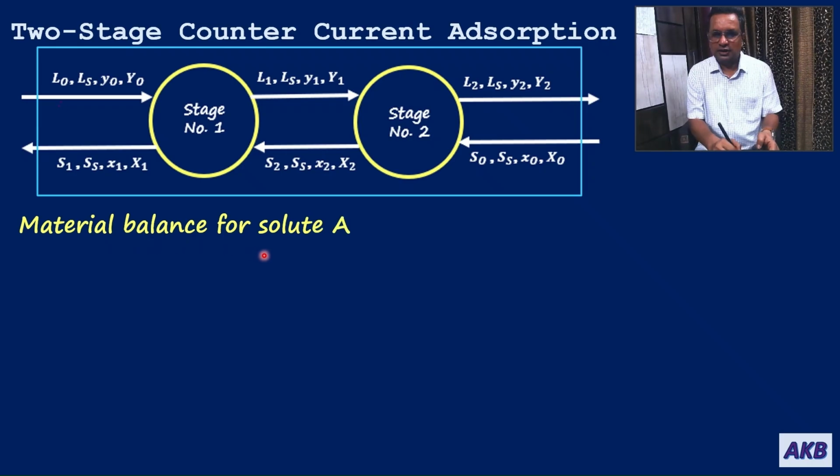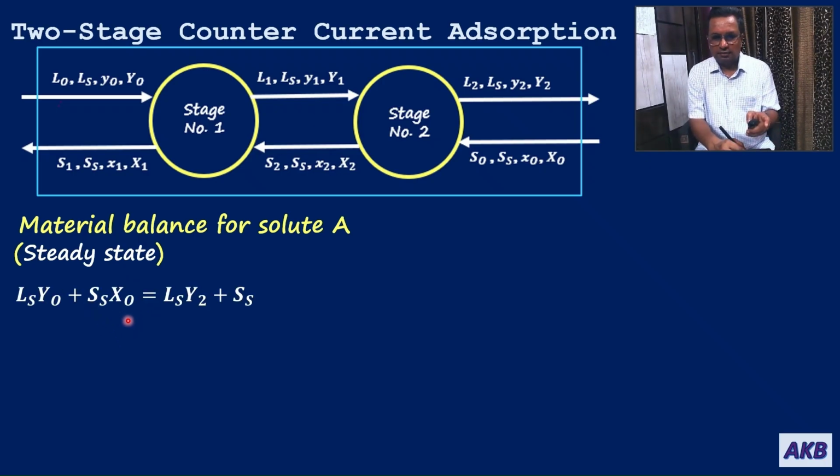So if you write the material balance for solute E at steady state, it suggests that input mass of A is equal to output mass of A. So the material balance equation will be, now I am directly taking the equation in terms of capital Y and capital X. How you get this equation, please watch my video lecture on theoretical aspects of multistage counter current adsorption. That is video number 18.